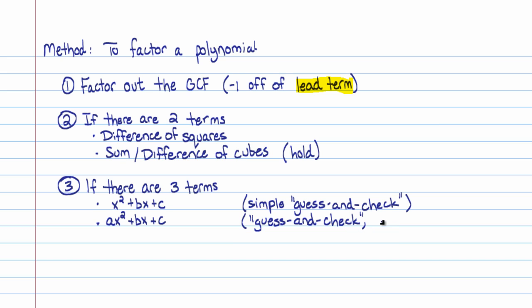If I spend more than 30 seconds on it, or even 20 seconds, I switch gears and go to a method that is commonly called the box method, or I've heard it called the diamond method. I used to teach it as the AC method. They're all the same thing. But to be very honest with you, I'm going to teach you something in this lecture that is the same thing as these methods, but it's a little bit easier to understand actually.